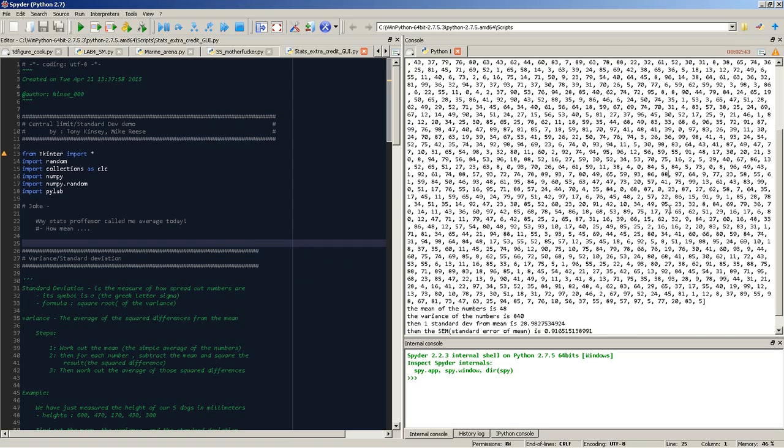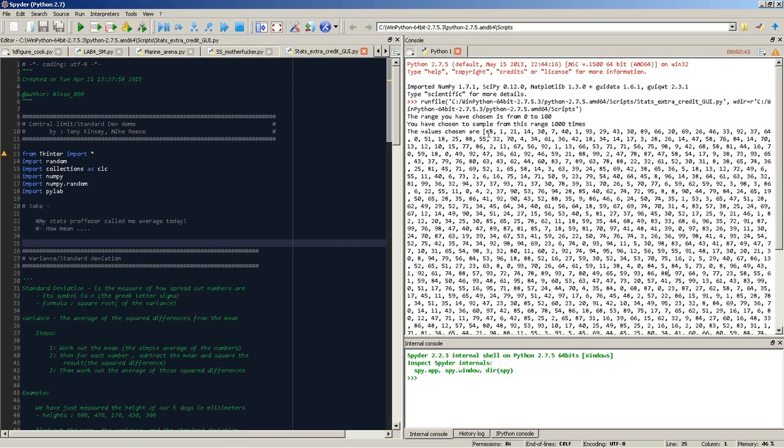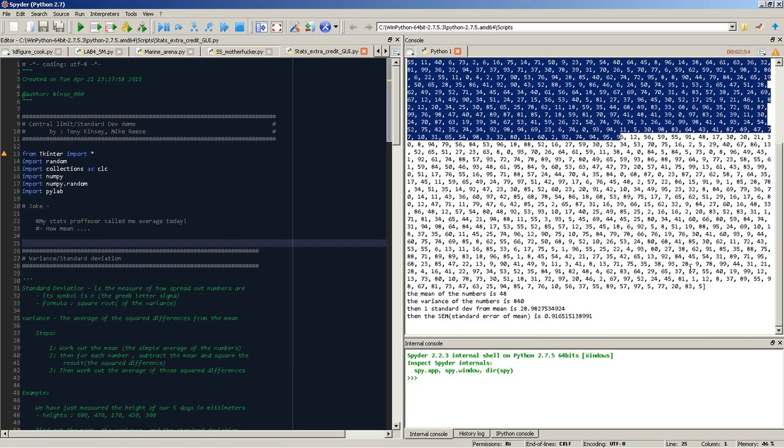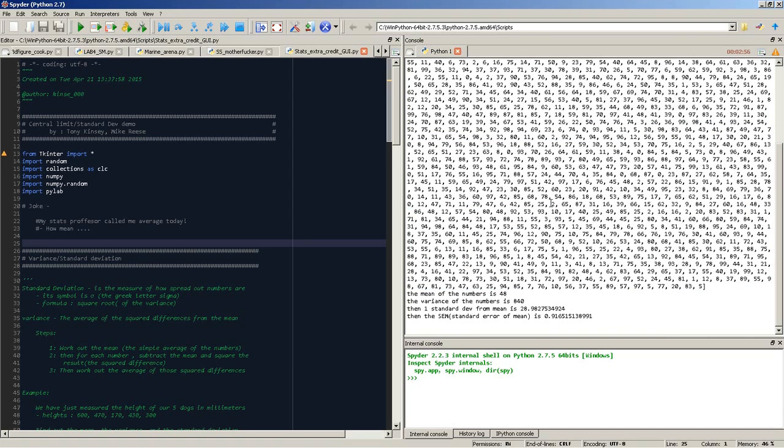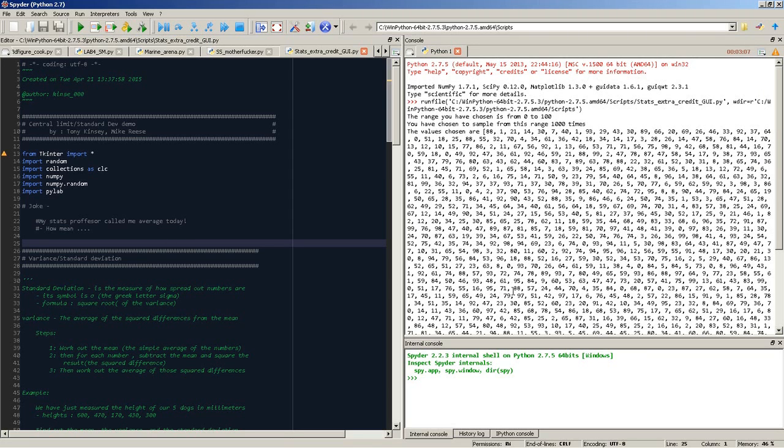If you look over here to the right, the range you have chosen is 0 to 100. You have chosen a sample from this range 1,000 times. All of these values were randomly chosen one at a time and stored. The mean of the numbers is 48, really close to 50, what we would expect.